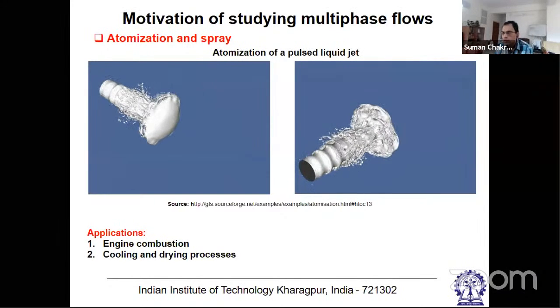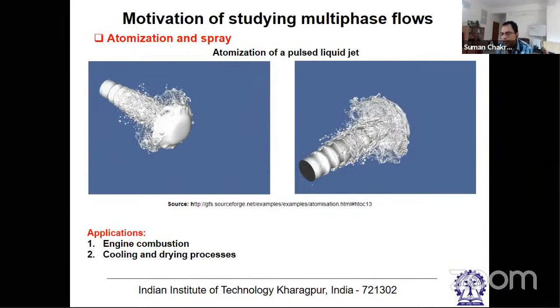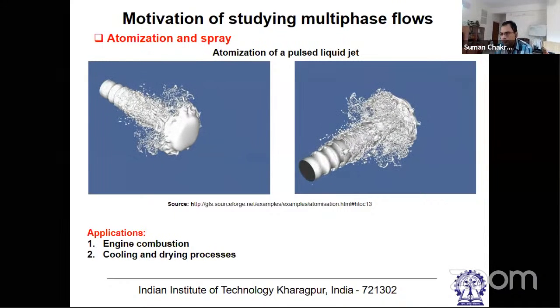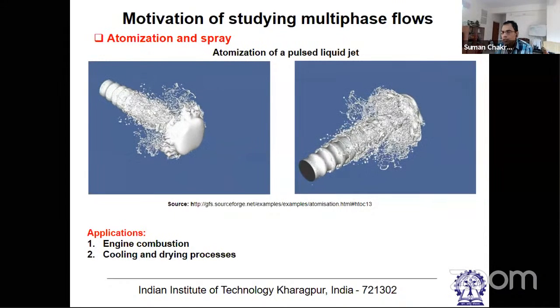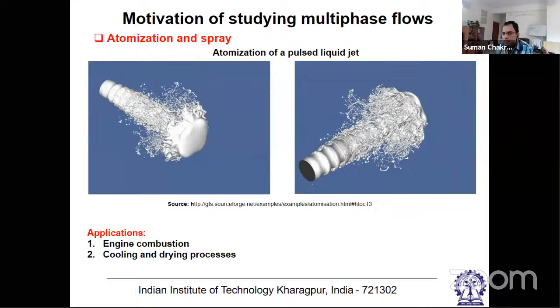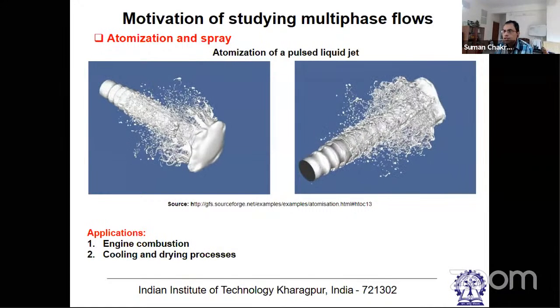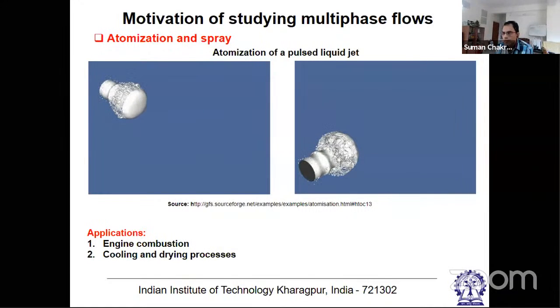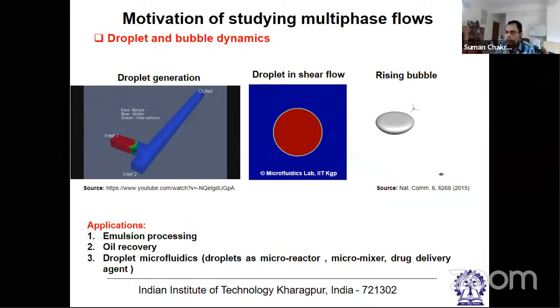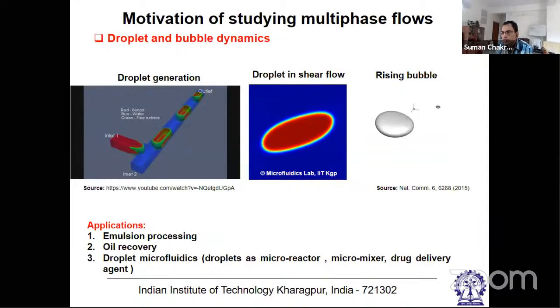It is so very important because if that dynamics can be captured, the engine can be designed for efficient combustion. And that connectivity between fluid dynamics and combustion is very, very critical. In microfluidics, there are lots of practical applications in industry where droplet generation and droplet transport is very critical.